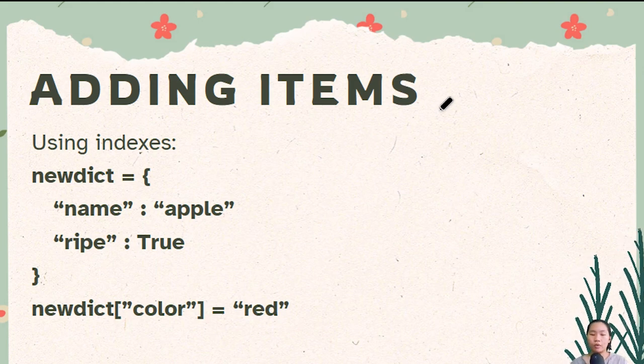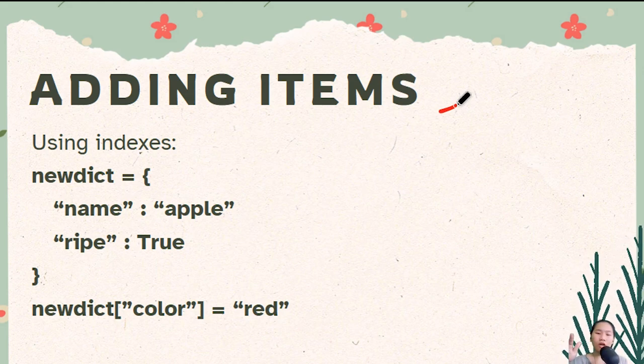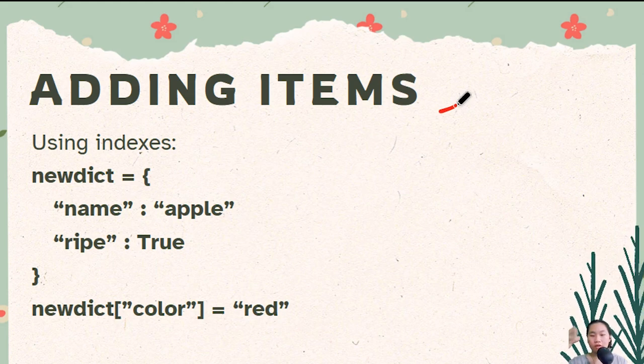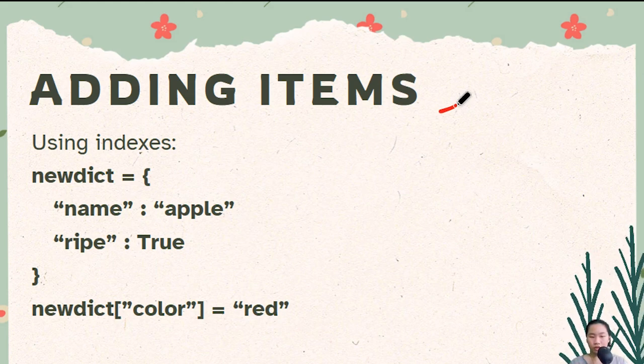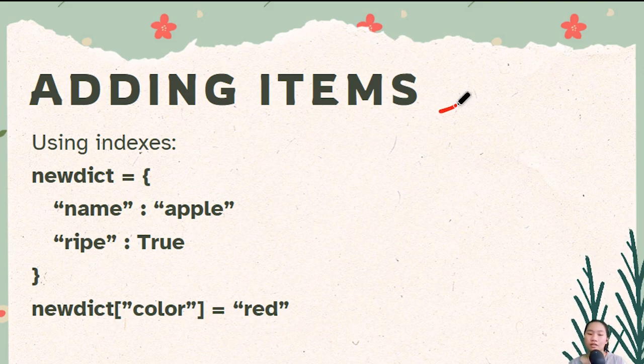All right, now with adding items, okay? As you've seen before with list, tuples, and set, the index is, not with set, because set is randomized and you can't really use index, which is ordered, for something that is unordered, but we can certainly use indexes for dictionaries, all right?